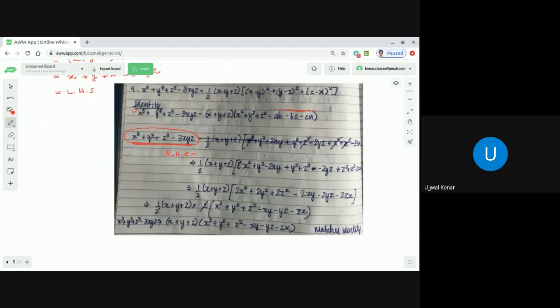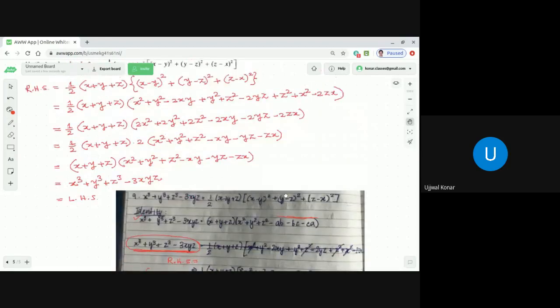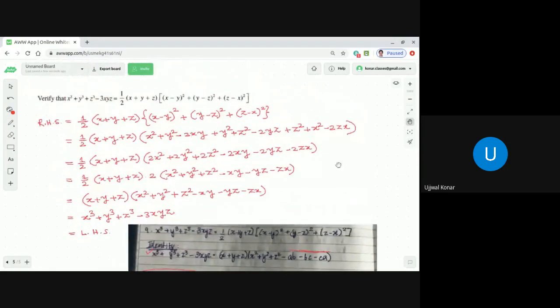If I look into these steps, you did exactly what I did. But after that, you didn't write that x plus y plus z into x square plus y square plus z square minus xy minus yz minus zx, the way I wrote. But if you look into this solution, it is clearly visible what exactly I'm going to achieve. That's why I use that word, touch.